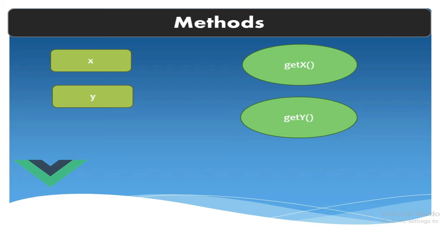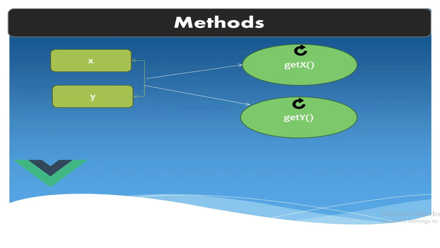For example, if we change the value of x, it will rerun getX and getY. And if we change the value of y, again it will run both getX and getY. That should not be the case, since we are only changing the value of y, so it should only run the getY method. But in Vue.js all the methods will rerun, which is not good for performance and not very efficient.